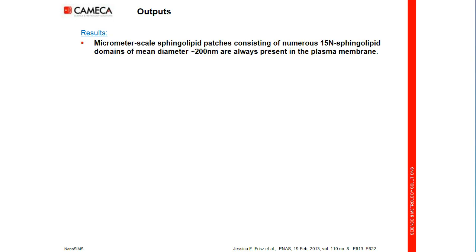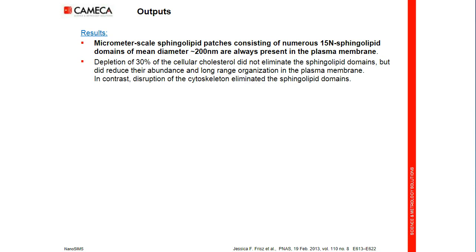So some outputs of this study. First, in terms of result, micrometer scale sphingolipid patches consisting of numerous nitrogen-15 sphingolipid domains of mean diameter 200 nanometer are always present in the plasma membrane. The depletion of the cellular cholesterol did not eliminate the sphingolipid domains, but reduced their abundance and long-range organization in the plasma membrane.